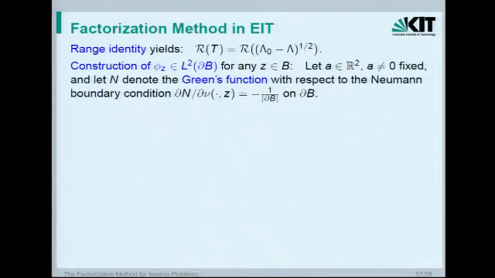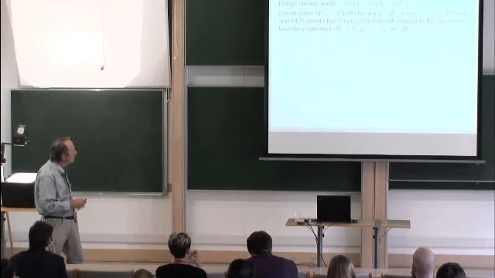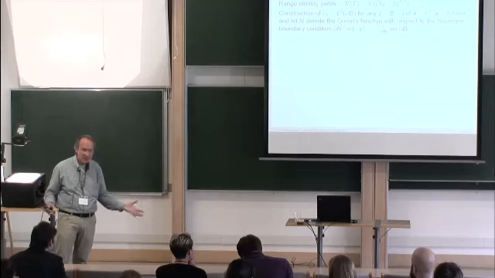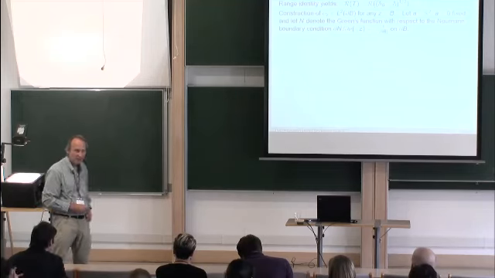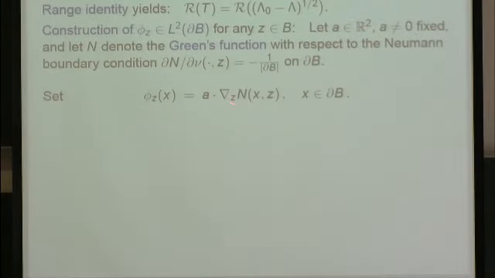Here you have to use the Green's function with respect to the Neumann boundary condition on the boundary of B. You take the Laplacian in B and you take the Green's function, but with almost homogeneous boundary condition on B. In free space, it would be the fundamental solution, but in this ball, it should be the Green's function there, and then you define Vz to be A, a fixed vector, times the gradient with respect to z of that, because then you have 0 boundary data here.